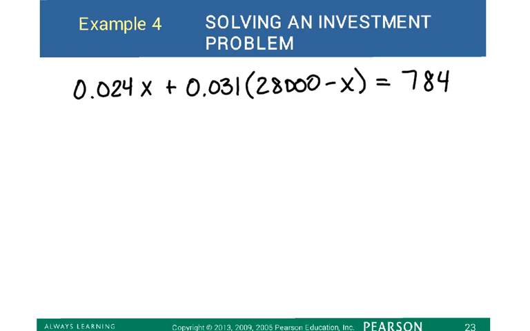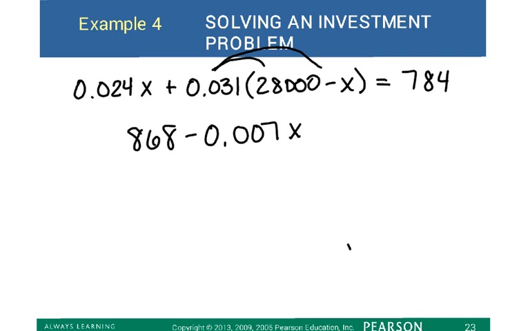Now solve for X. First distribute, as always, when there's parentheses. And we end up with this amount here. And I'm going to skip a step and I'm going to combine like terms. So we get 868 minus this amount here. And that's equal to our right side of our equation.